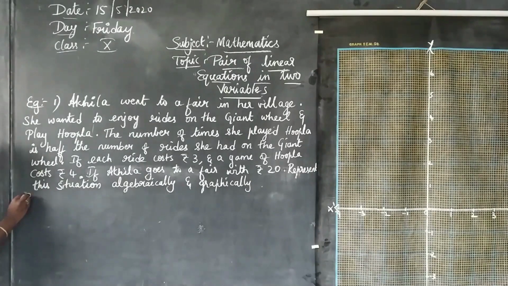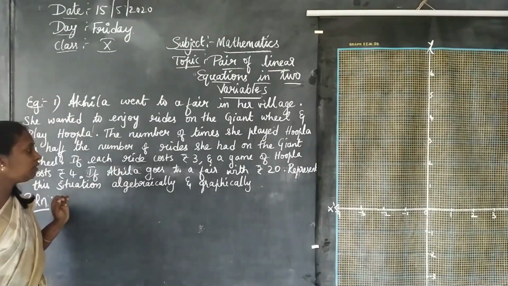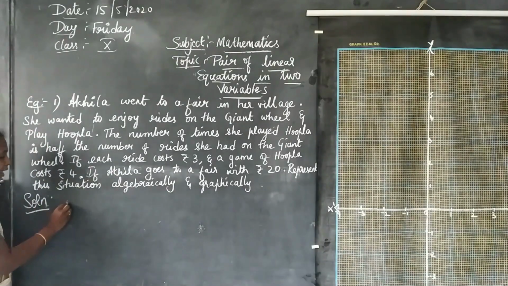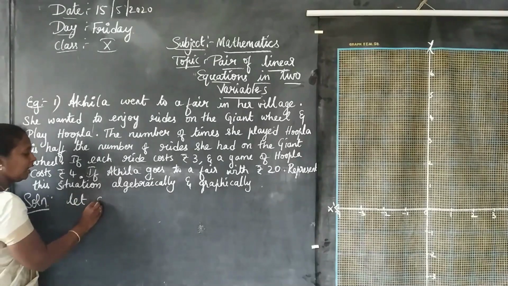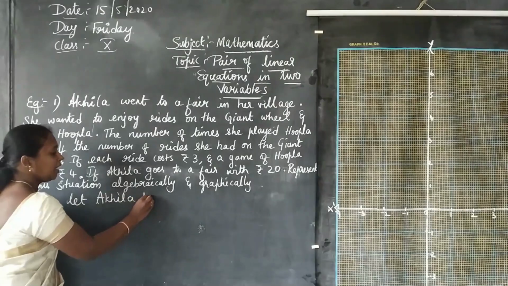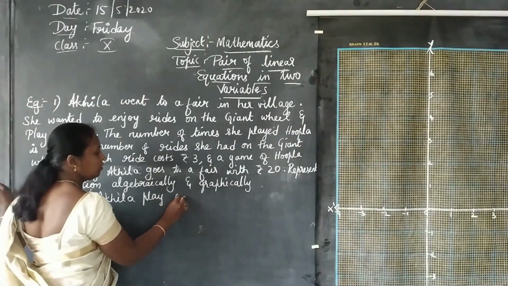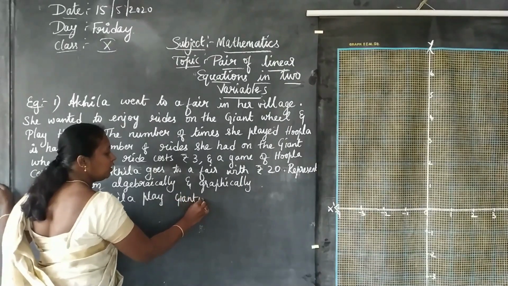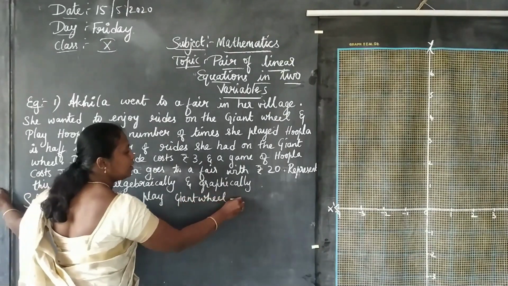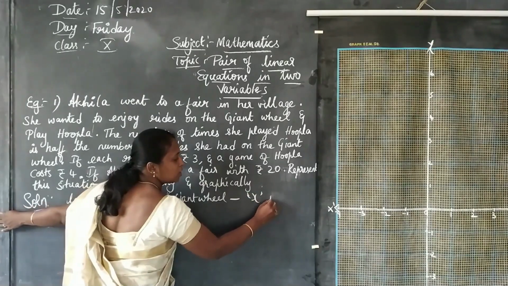Okay. Let me go to the algebraic representation. Let Akila play the giant wheel x times, x number of times.